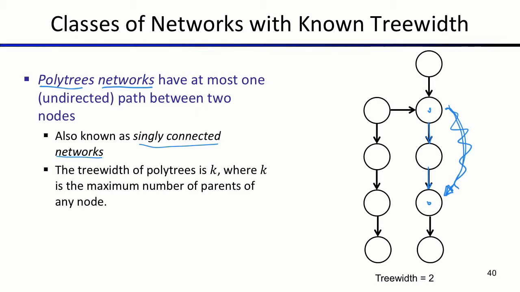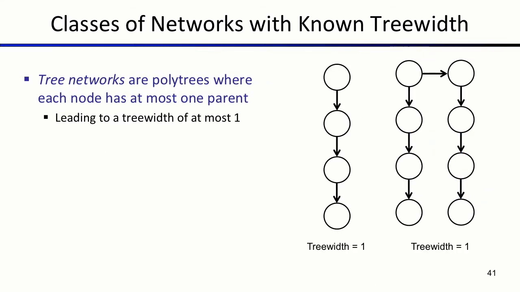Another class of networks where we know how to compute the tree width in a very simple way is called the tree networks. These are polytrees where each node has at most one parent. So as we know, for polytrees, the only factor that affects the tree width is the maximum number of parents.